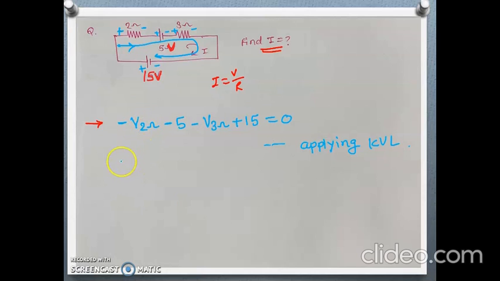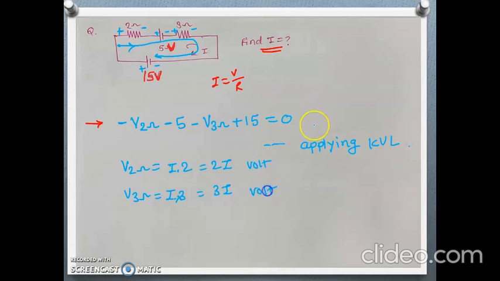What is the voltage across 2 ohm? The current flowing through 2 ohm is I, so I into 2, that means 2I. And voltage across 3 ohm is current into resistance, I into 3, so it will be 3I volt.